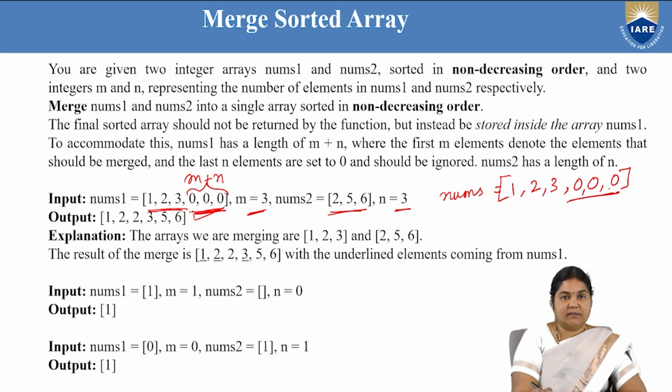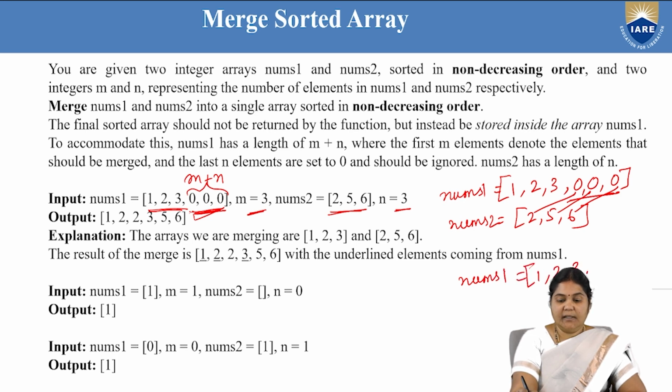These 3 you shouldn't consider. In nums2, we have the values 2, 5, 6. These 3 values should be placed here first. This is the logic. So, after placing, nums1 will look like 1, 2, 3, 2, 5, 6.